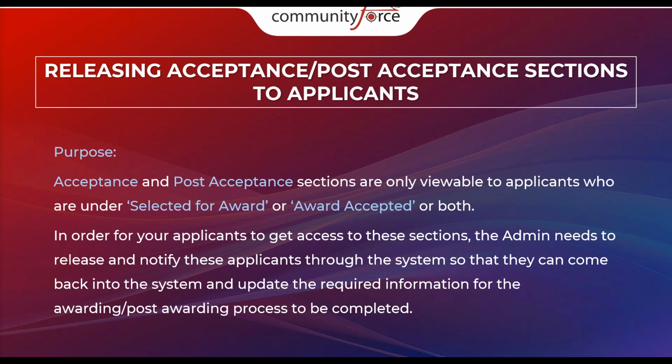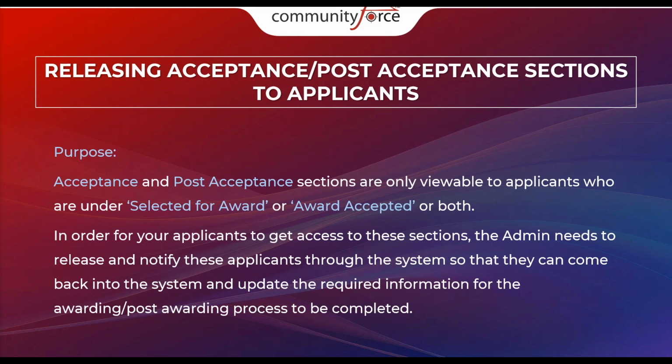That brings us to the next question. What are some tricks in releasing acceptance and post-accepted sections? Let's say I've awarded my applicants. The system put them at selected for an award, but I don't want them to see those sections yet, and those sections are triggered to appear when they're at selected for an award.